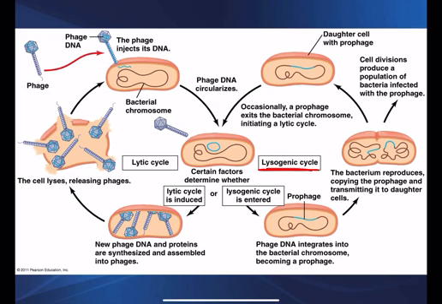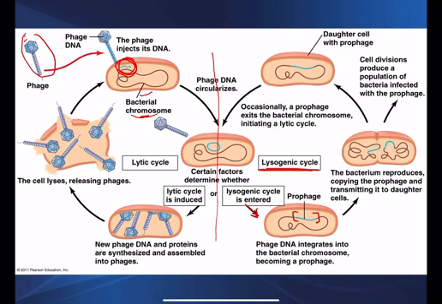Let's take a look here at the lysogenic cycle. We're just going to focus on this half. What happens in the lysogenic cycle is, we're going to start over here, you have your phage, and the phage binds to the bacteria and injects its DNA molecule. So we have the bacterial chromosome here and then the viral DNA here. This viral DNA is going to ultimately be embedded into the bacterial DNA.